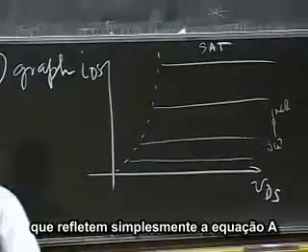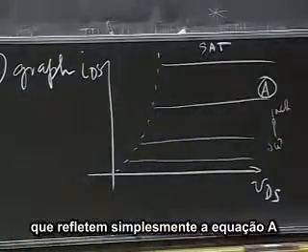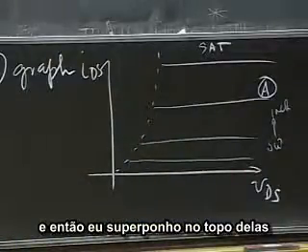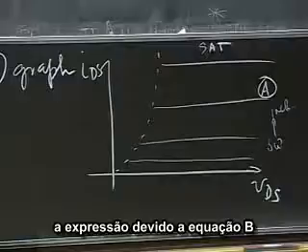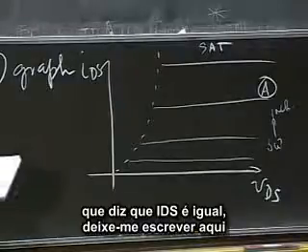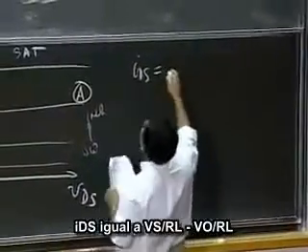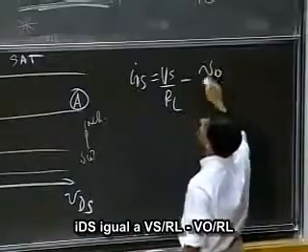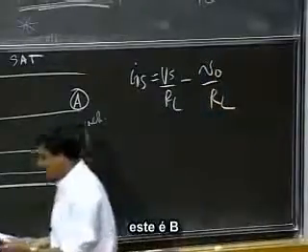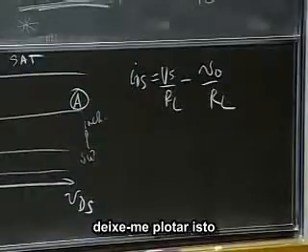That simply reflects equation A. Okay, and then I superimpose on top of that the expression that comes up due to equation B, which is IDS equals, let me write that down here, IDS equals Vs divided by RL minus V0 divided by RL. Okay, that's B. And let me plot that.